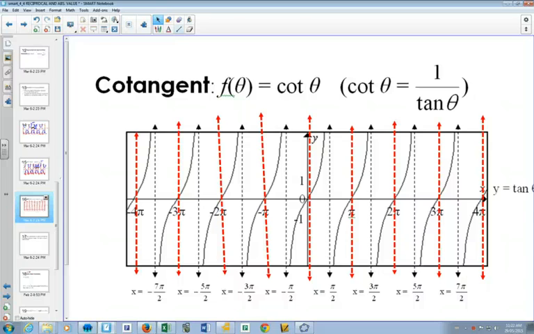There's our asymptotes. They happen at all of our multiples of pi.